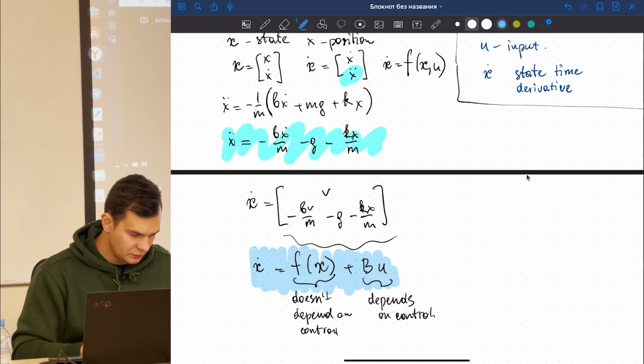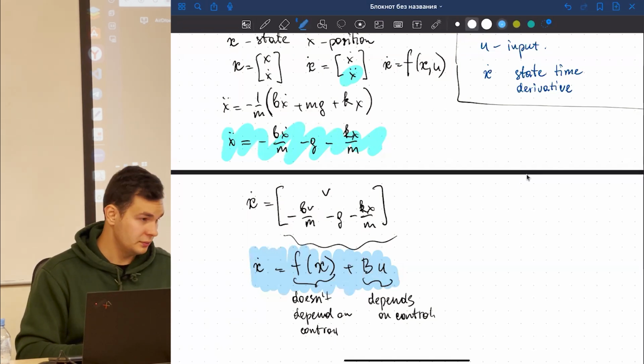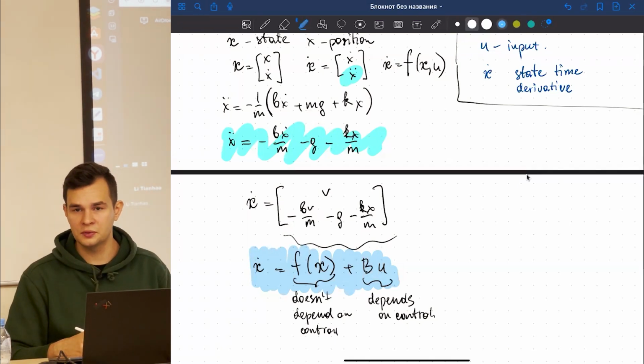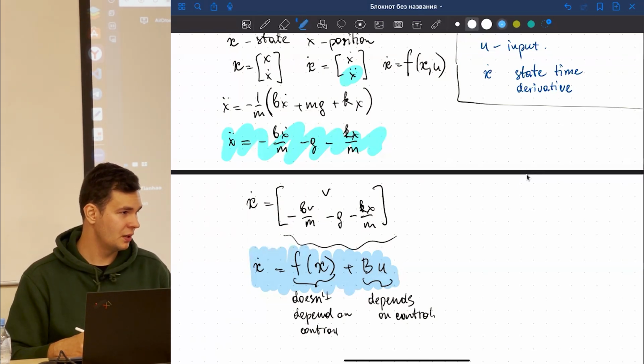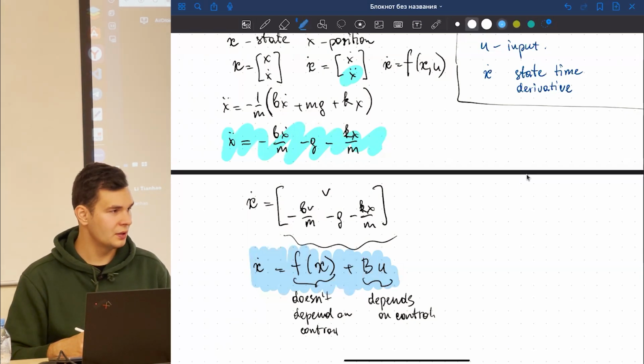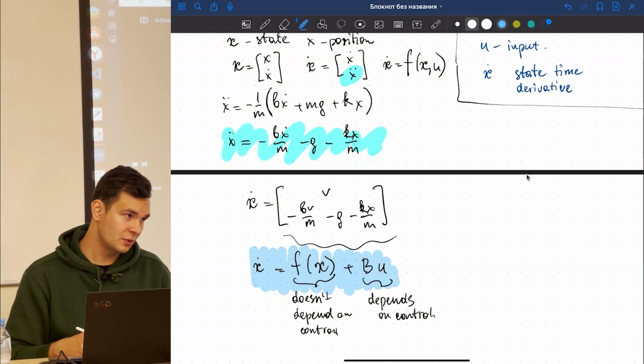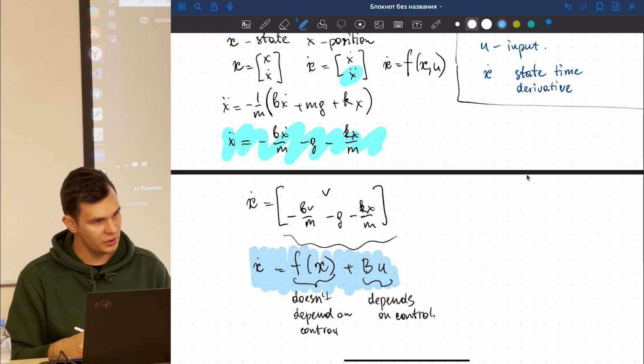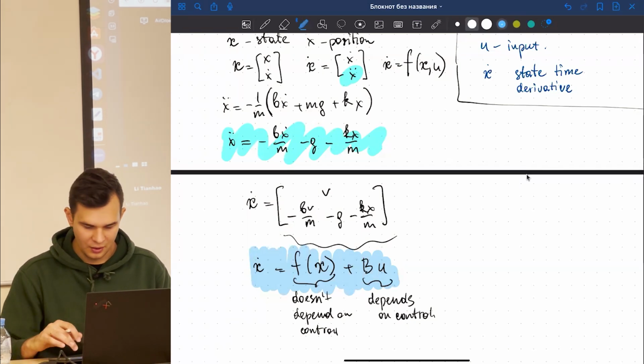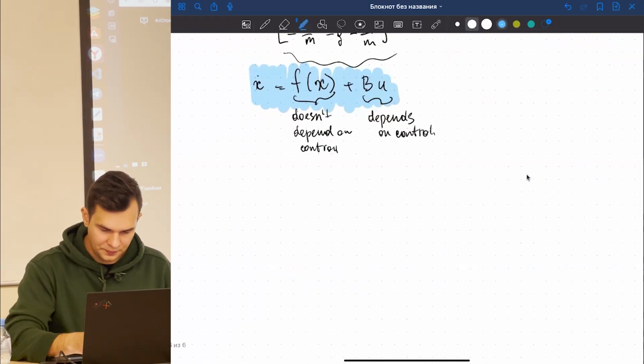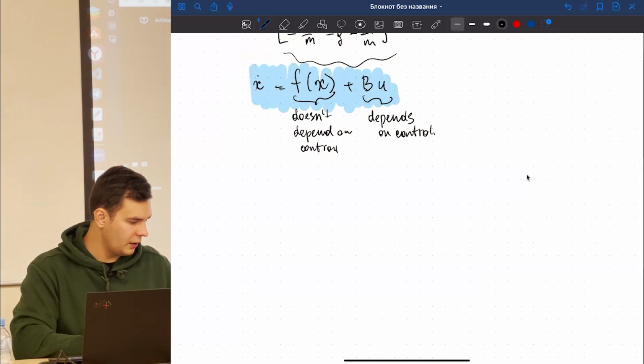All right, what can we do with that? So what have we done just right now? We have done modeling. We created a model. Now we can use it for control, or we can use it for simulation. So let's start with some basic stuff.